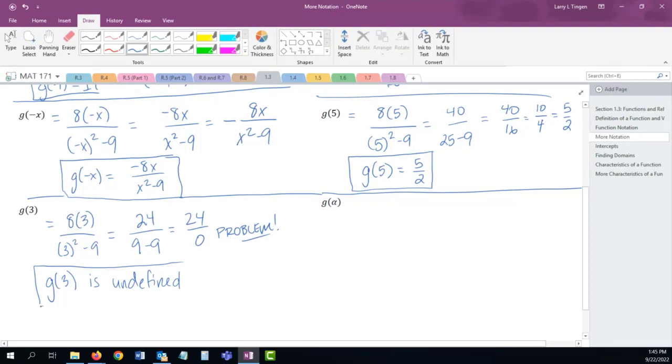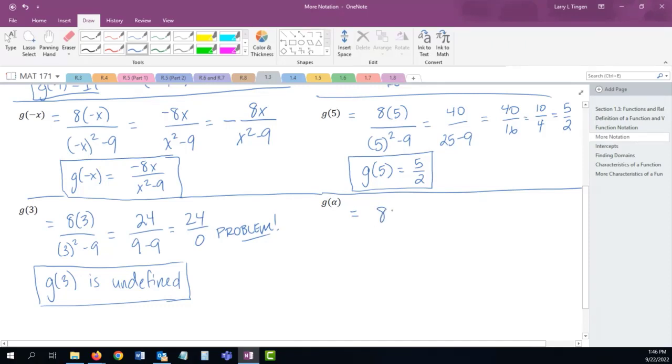Okay. So that just means when you plug in 3, the function causes division by 0. So we don't know what that means. The reason we don't know is, let's just knock out this one, and then I can give you a little side rant here. This is G at alpha, okay?